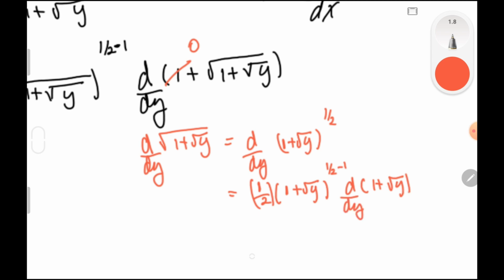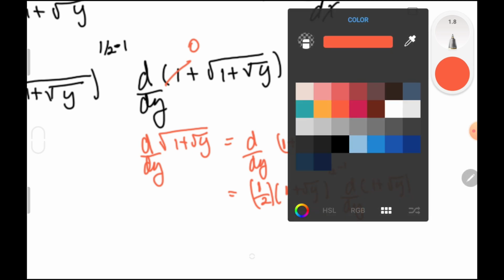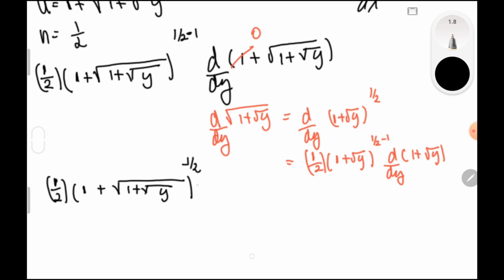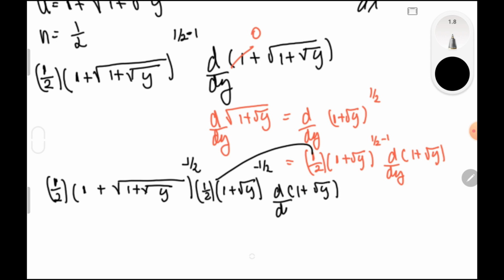Okay, so from this we'll have 1 half multiplied by 1 plus square root of 1 plus square root of y raised to 1 half minus 1 is negative 1 half, multiplied by ito, so 1 half multiplied by 1 plus square root of y raised to 1 half minus 1 is negative 1 half, multiplied by the derivative of 1 plus square root of y dy.